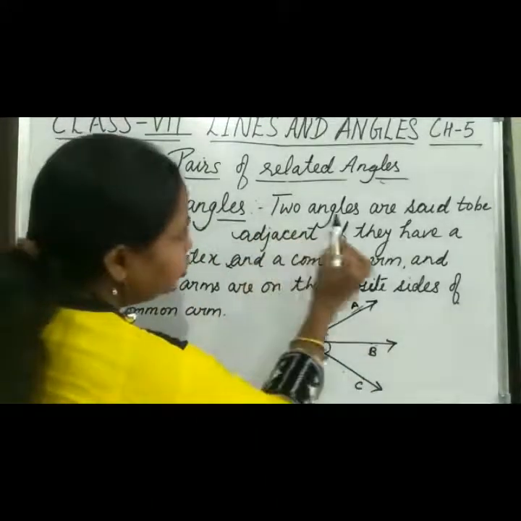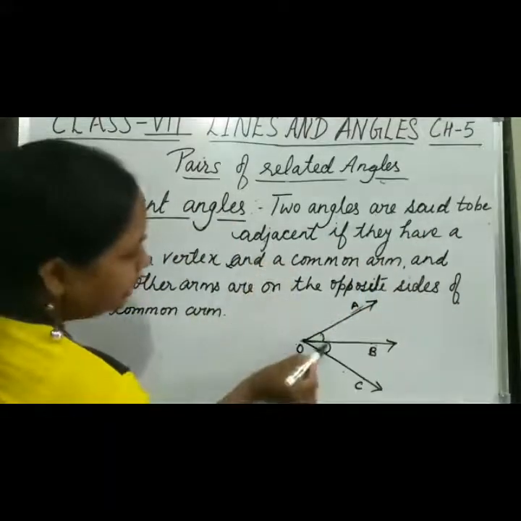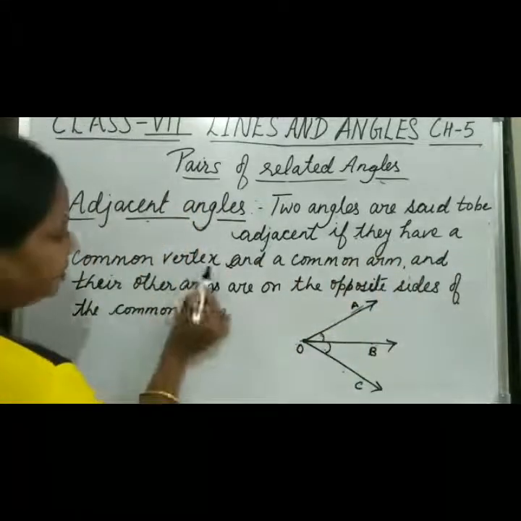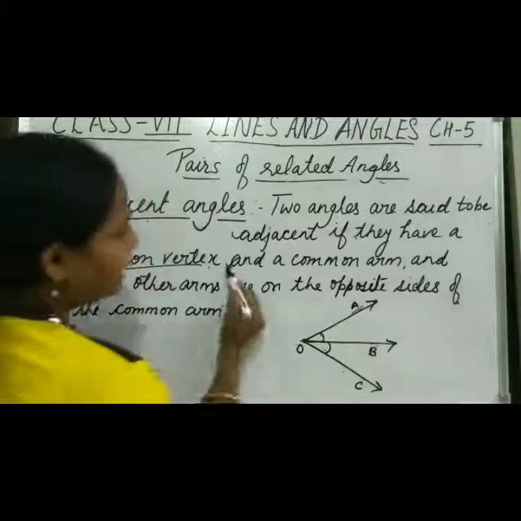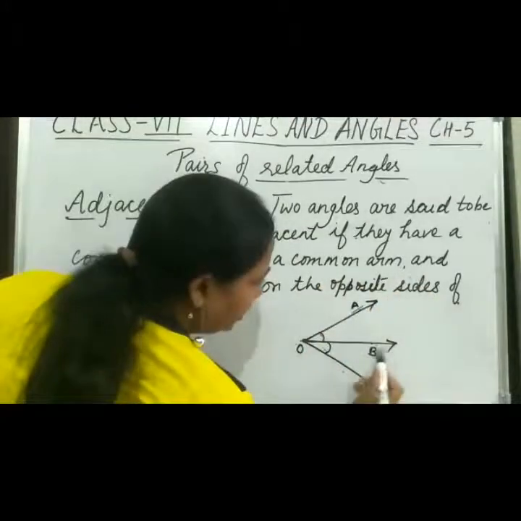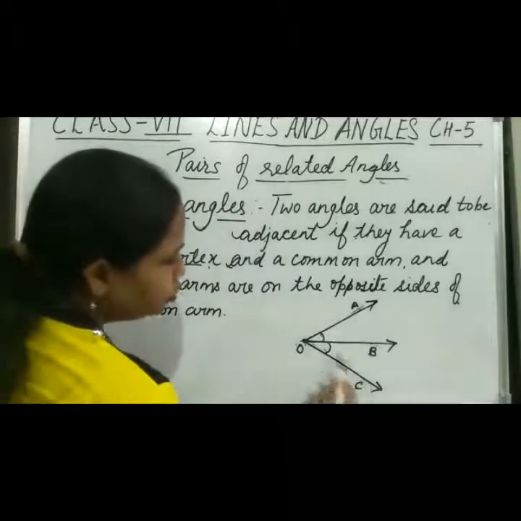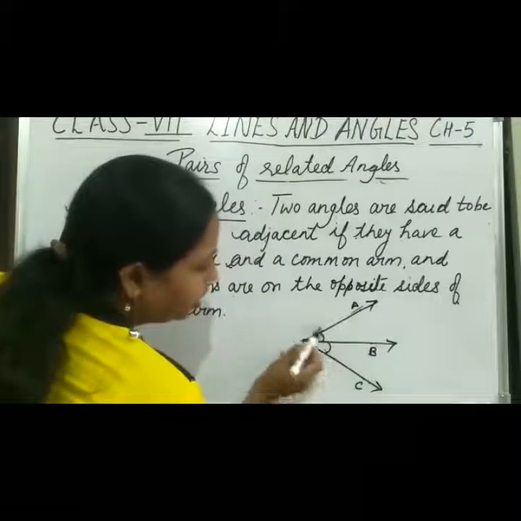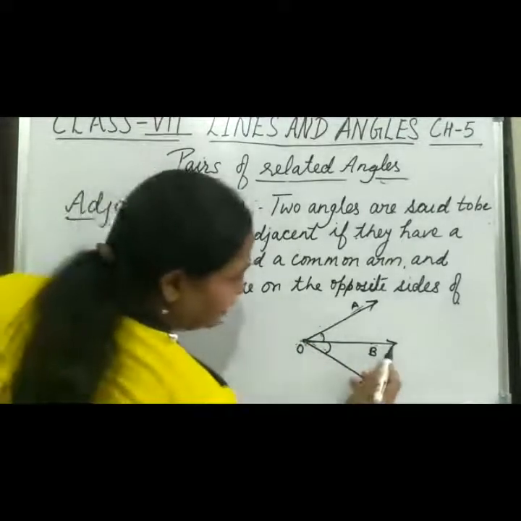See everyone, two angles are said to be adjacent if they have a common vertex. You can see the common vertex here is O, and a common arm, that is OB, and their other arms, these two other arms, are on the opposite side of the common arm.